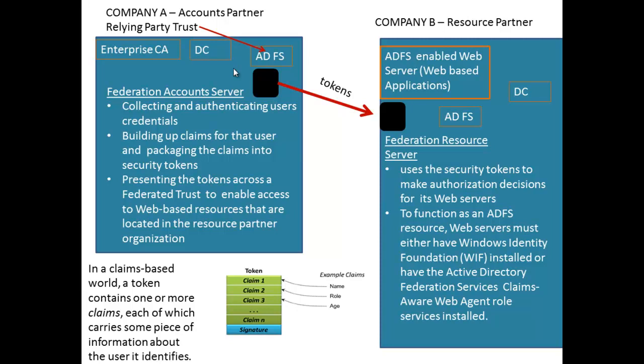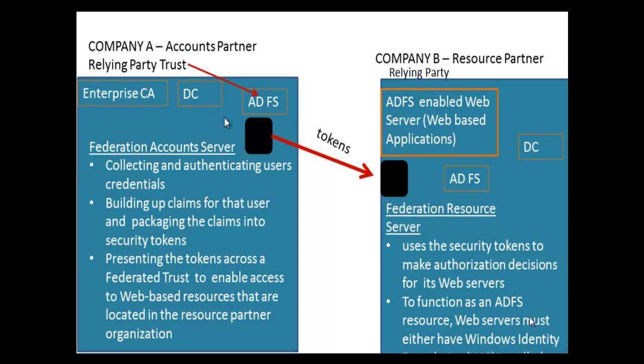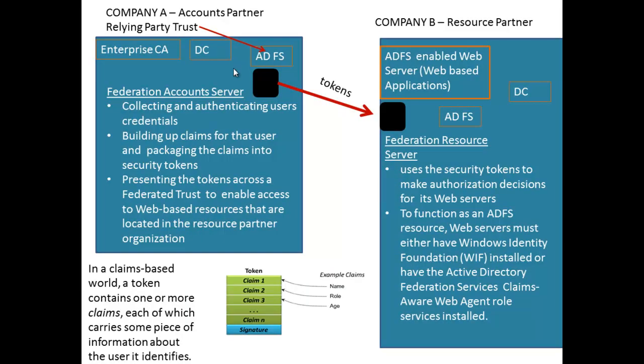Turning our attention to Company B, the resource partner, the company that has the resources, we're going to be referring to that Active Directory Federation server as the relying party. The Federation server in Company B will validate the tokens it receives from Company A, and it will issue another token for the local servers to accept that claim identity.